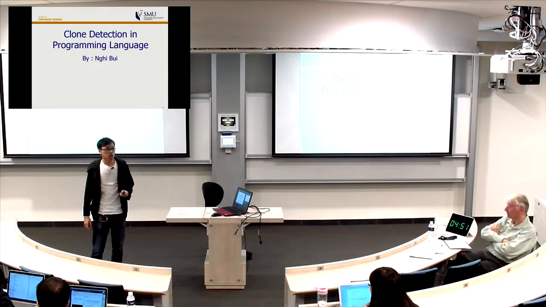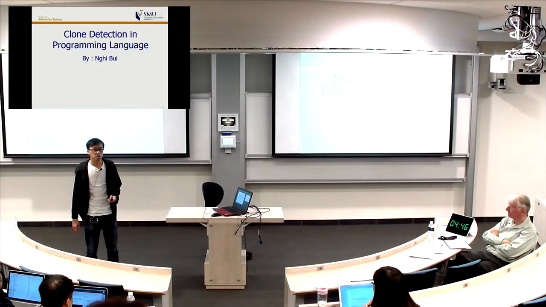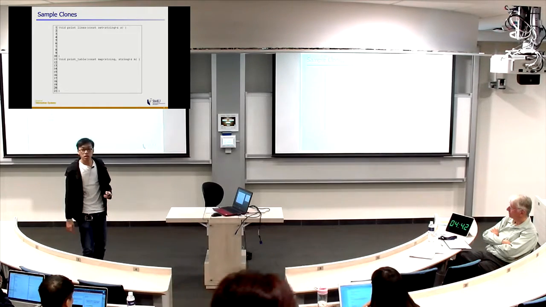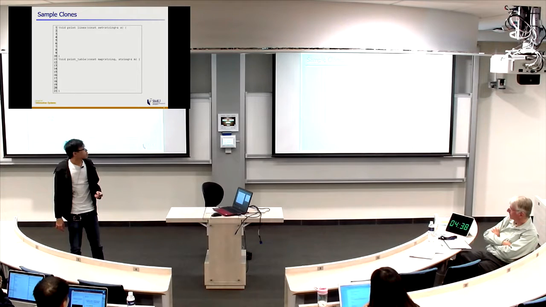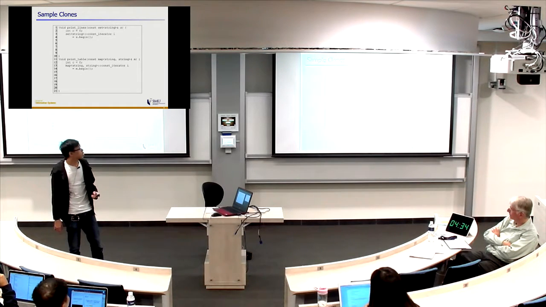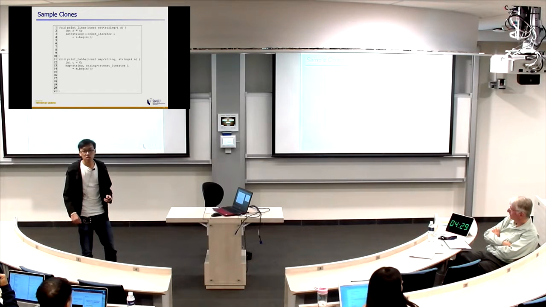Thank you, Chair. So I will give you a motivating example to define what code clones are in programming language. Suppose that we have these two functions like this. Then in each function, we define some variable. The above one is the set, the second one is the map. Both of them are data structures to contain some information.